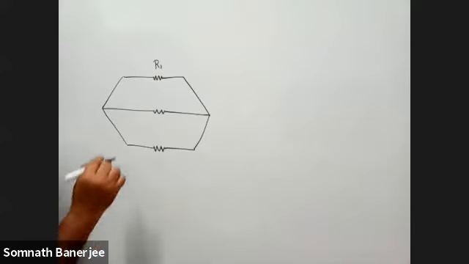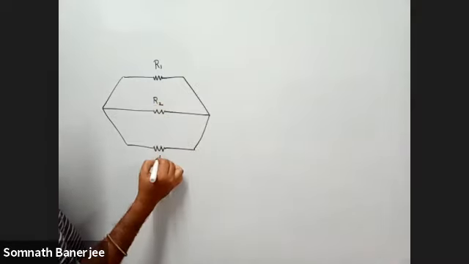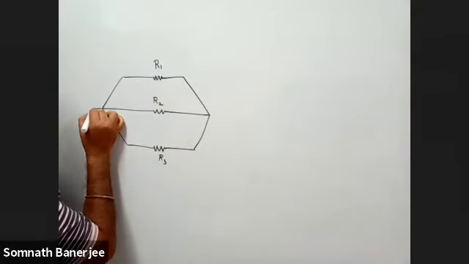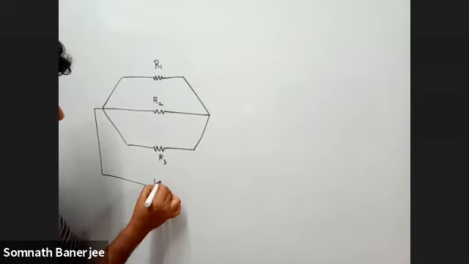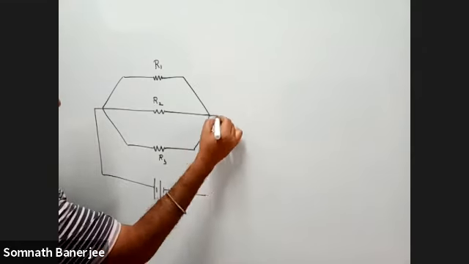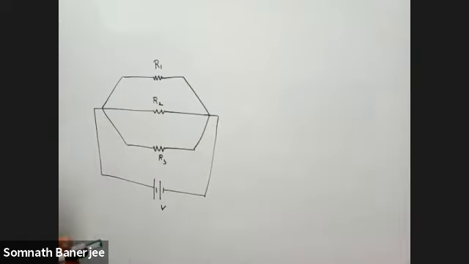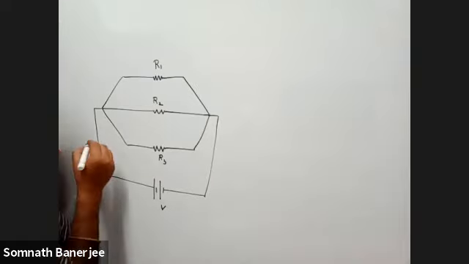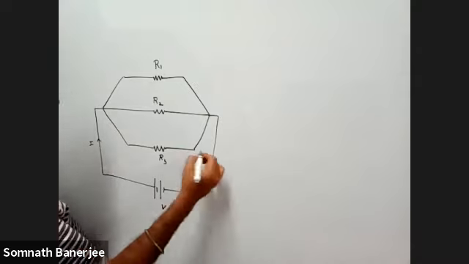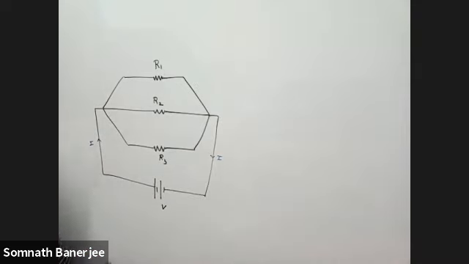So 3 resistances are there. Let them be R1, R2, R3, and we connected them with a battery like this, voltage V. So I is the current supplied by the battery and I is the current received by the battery.